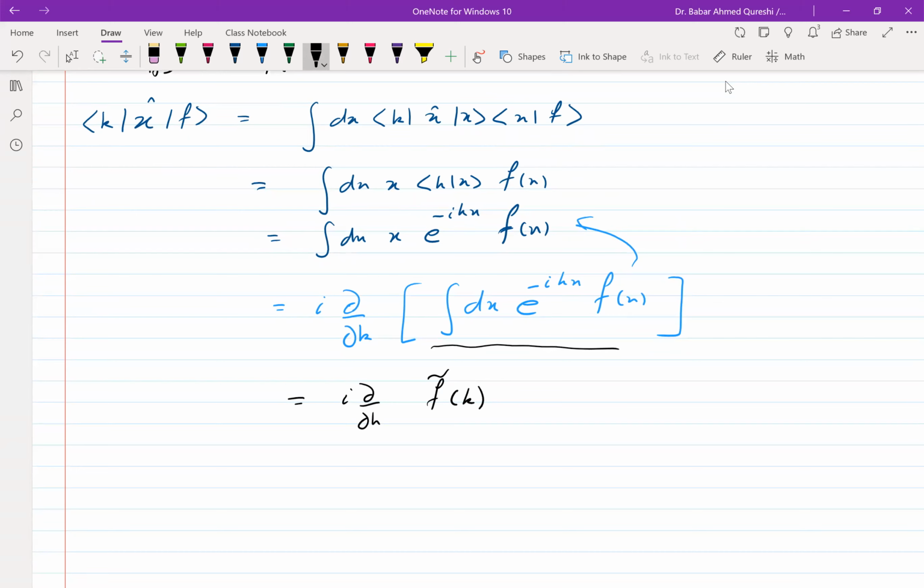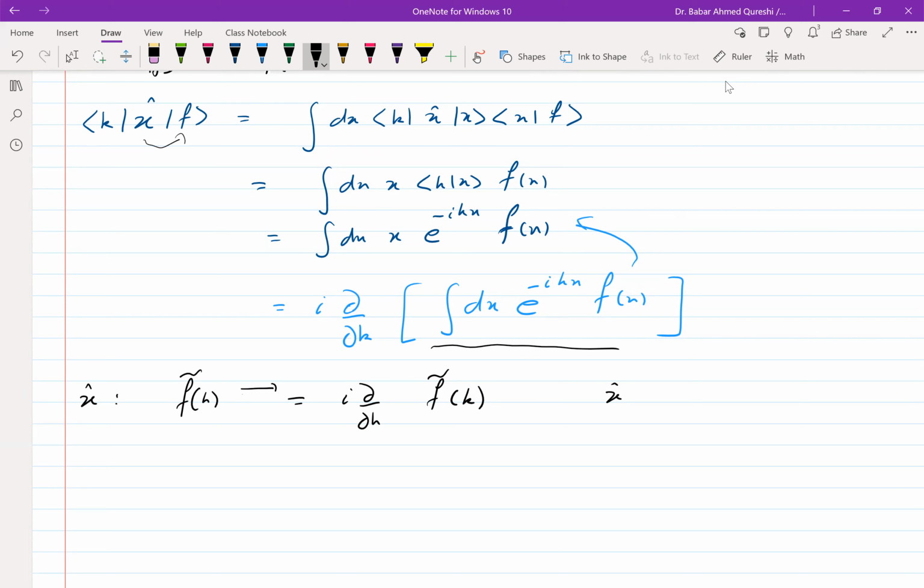So what do I have on the right-hand side? I have computed the kth component of the vector when I act with x hat. So it essentially tells me the action of x hat and computing its kth component. It's telling me that under x hat, f tilde of k goes to iota d by dk f tilde of k.